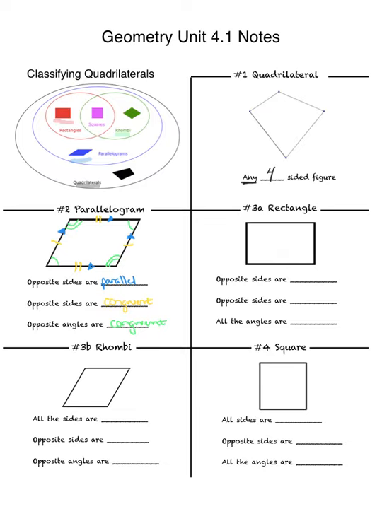Now we're going to talk about a rectangle. Change up the colors a little bit. First, opposite sides are parallel. That doesn't change. Pretty little arrowhead. Okay, those are all parallel. Opposite sides are also congruent.